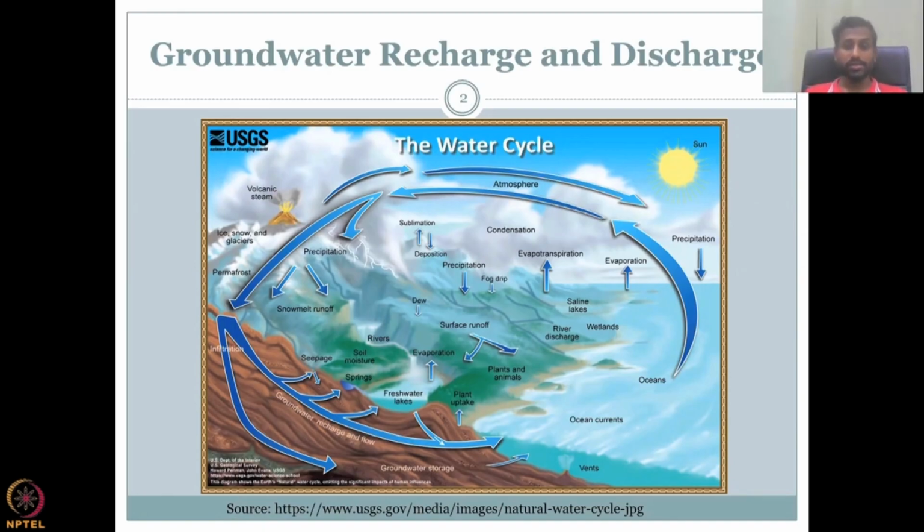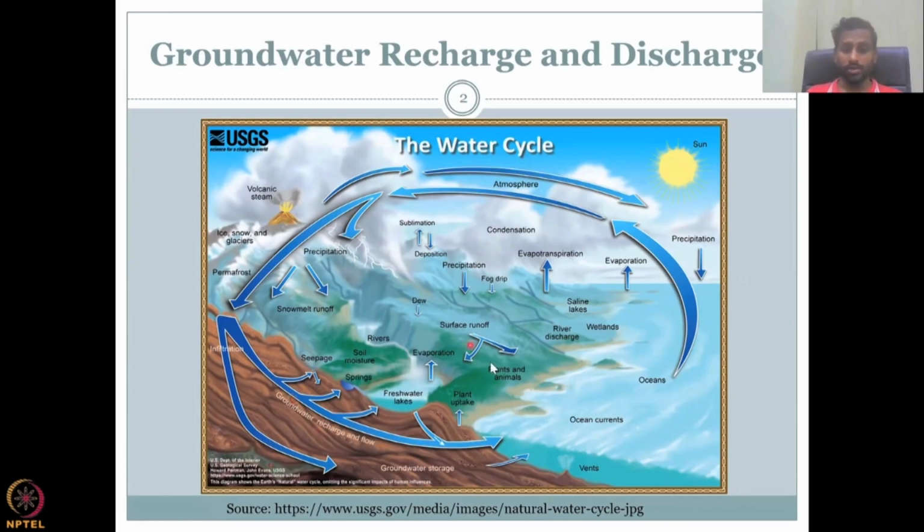You have the water cycle in which you have your hydrological components, which is mostly your precipitation going into the atmosphere as clouds, condensation, and coming back to the land surface. It is important to understand the key paths in which groundwater gets into the system and out of the system.